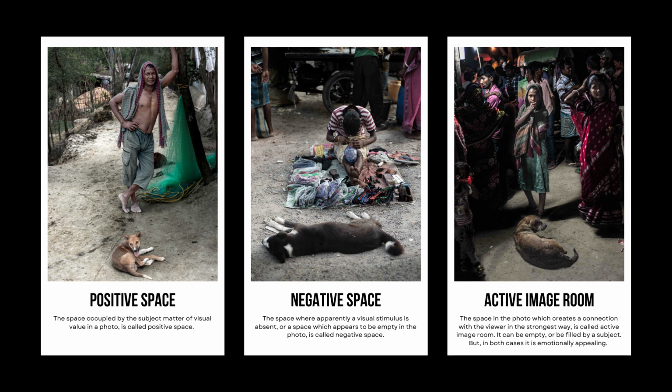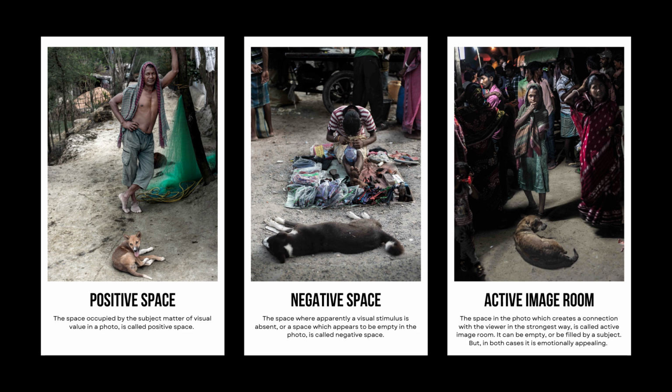But there is one more concept that I would like to put forth for your consideration, which is active image room. Now, active image room is not essentially positive space or negative space. Active image room is where the photo is strongest and where the photo connects with the viewers in the deepest way.